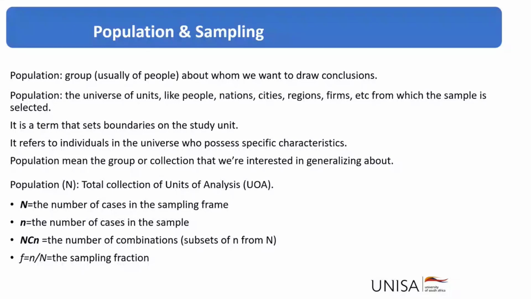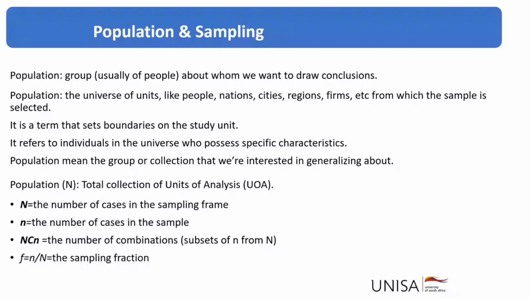So a population, therefore, is a term that sets boundaries on the study unit. If we're going to study a particular type of citrus fruits or of coffee, then the entire coffee field becomes a population.